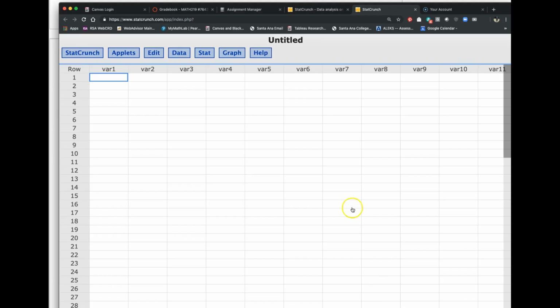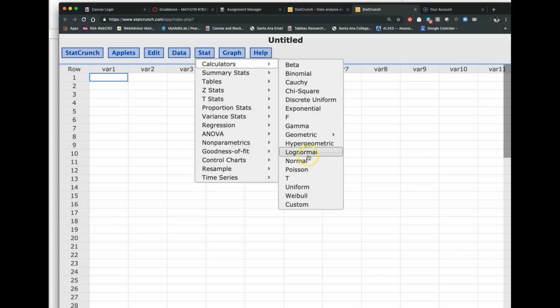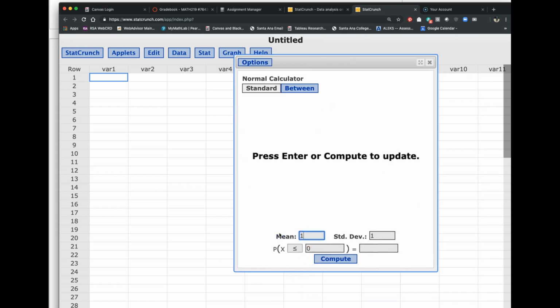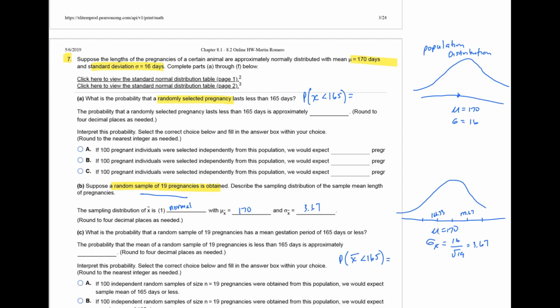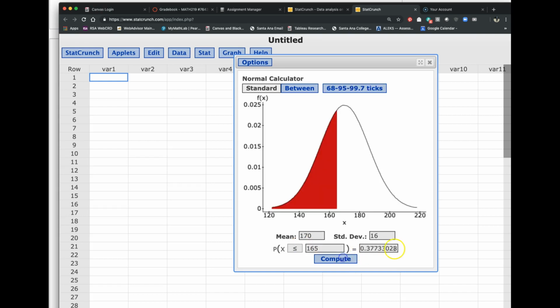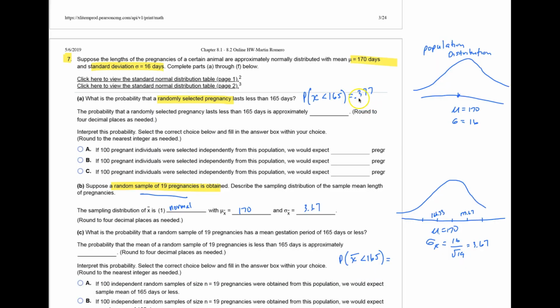To do that, we would use the normal calculator, stat calculator, normal, and then you put in the mean, so 170 would go in there, and the standard deviation is 16 here, and that it's less than 165, calculate that, and then there's your probability, 0.377. And so there's your value, 0.377. The probability is about 37.7%.